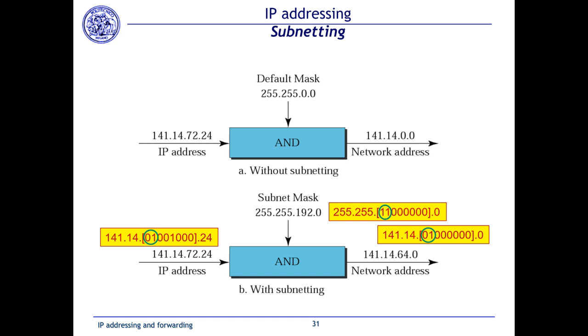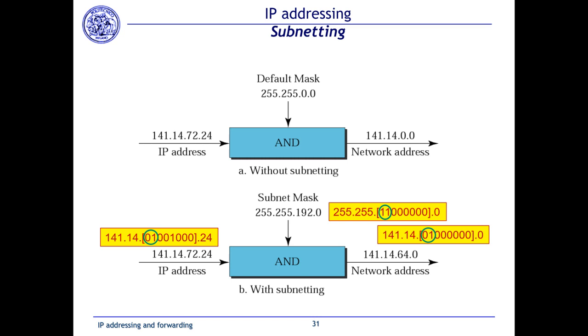So you have 4 subnets. Okay. So when a packet comes into one of these internal routers, the router applies the subnet mask, and for instance, in this case, this packet has 72 in the second byte of the destination address.